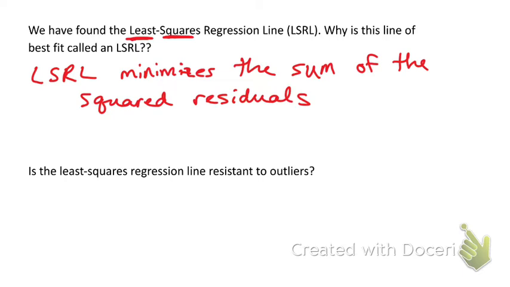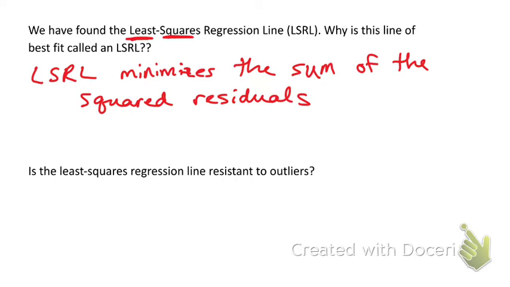Let's think about this for a second. Do you guys think that the least squares regression line is resistant to outliers? No? I have one vote for no. Anyone agree? If I added or changed or moved one of the data values, so think about the line, right? If I move one of the data values, is that going to change anything about the graph and the line? Oh yeah, right?